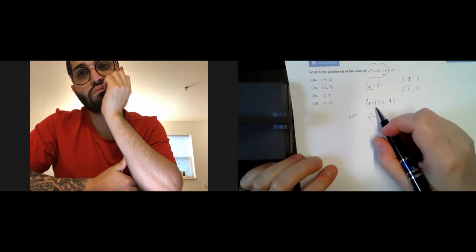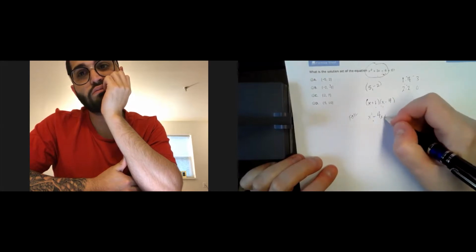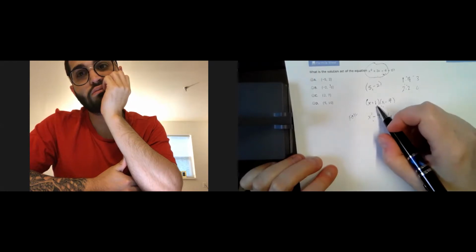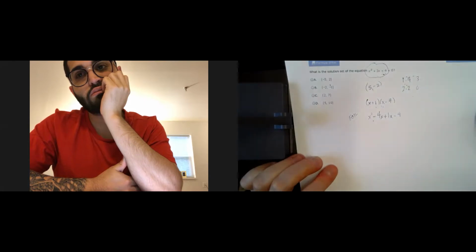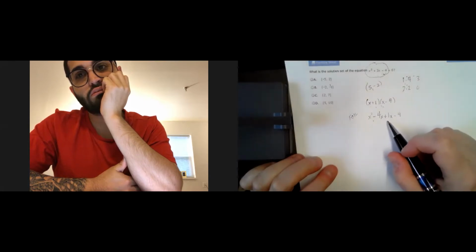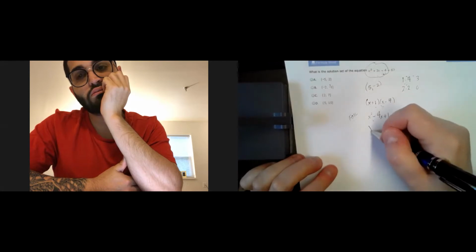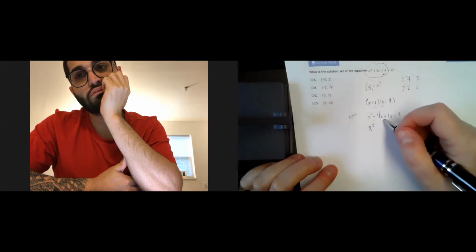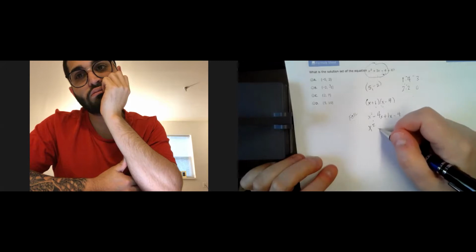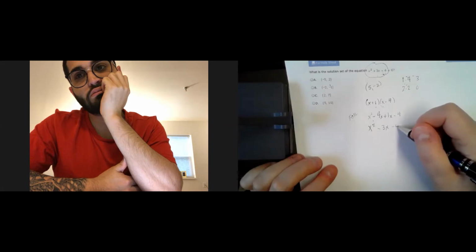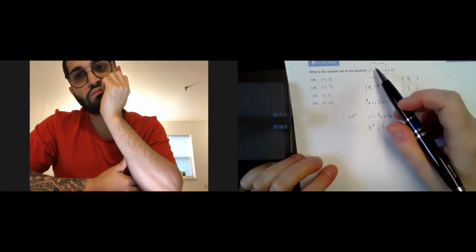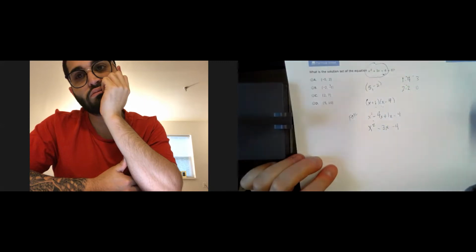Then we're going to do inside, 1x plus 1x. And then because we're going to do the last, it's 1 and negative 4. 1 times negative 4 is minus 4. And then we're going to combine these things. So x squared, negative 4x plus 1x is negative 3x minus 4. Except the problem is I've got a negative and that's a plus.